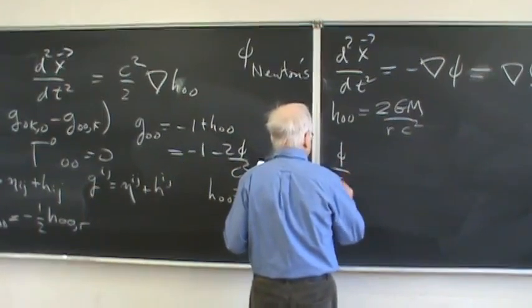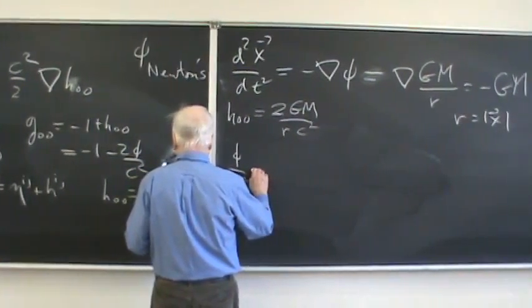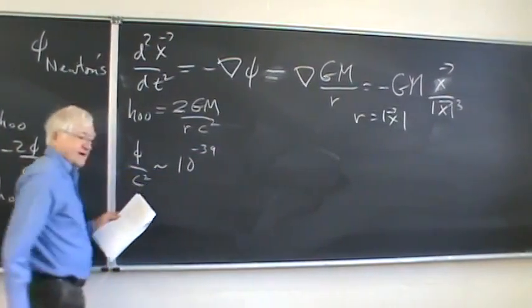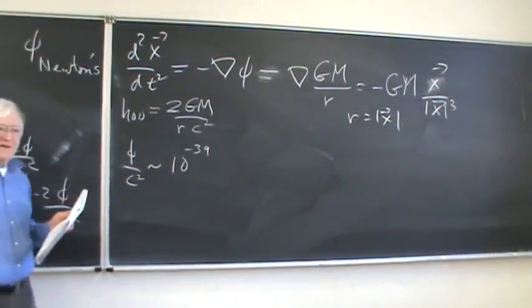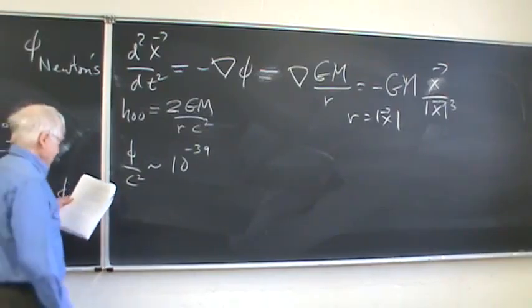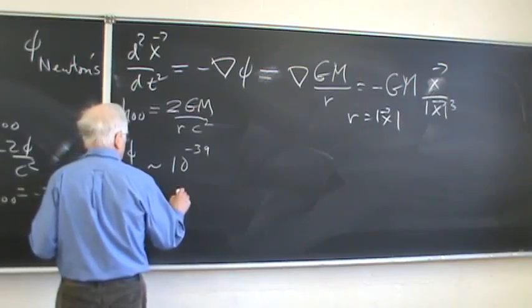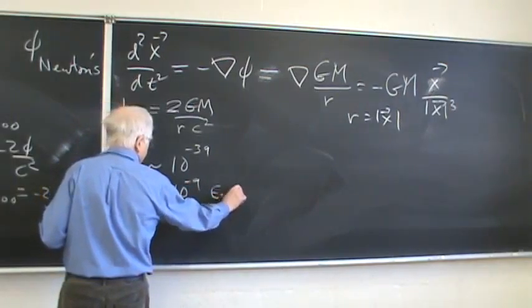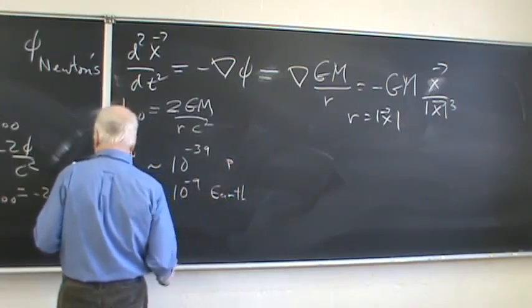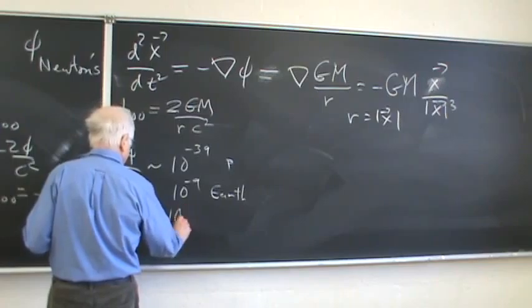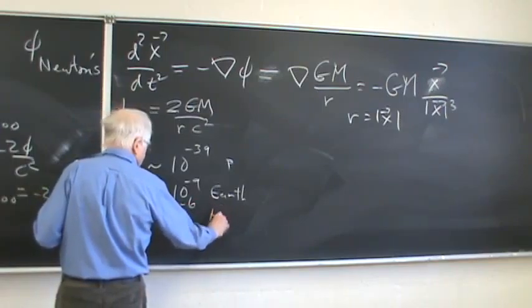Well, phi over c squared is of the order of 10 to the minus 39 on the surface of a proton. So you're really close, but on the other hand, there's not much there. 10 to the minus 9 on Earth. 10 to the minus 6 on the Sun.